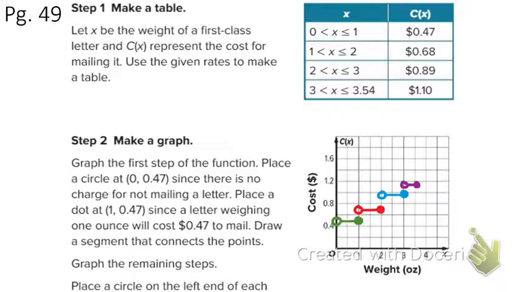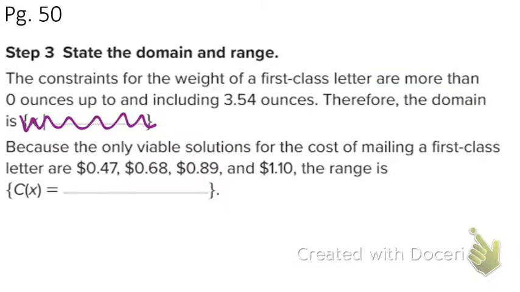Notice that at x equals 0, does everyone see how this has an open circle right here? So 0 gets what? A parenthesis or a bracket? Parenthesis. And then it goes all the way up to here, and that dot is closed. So what do you think 3.54 is going to get? A bracket. So our domain is going to be 0 to 3.54 with a bracket. That's our domain.